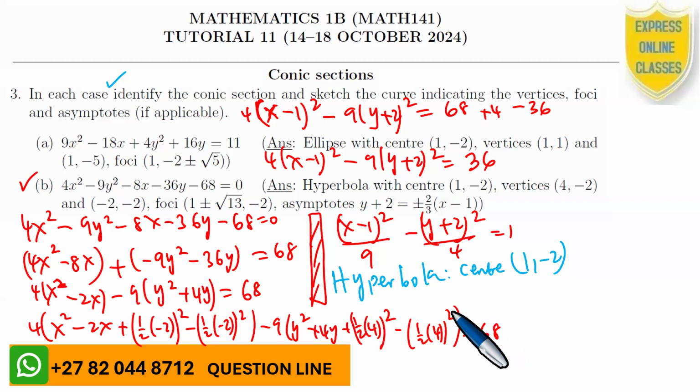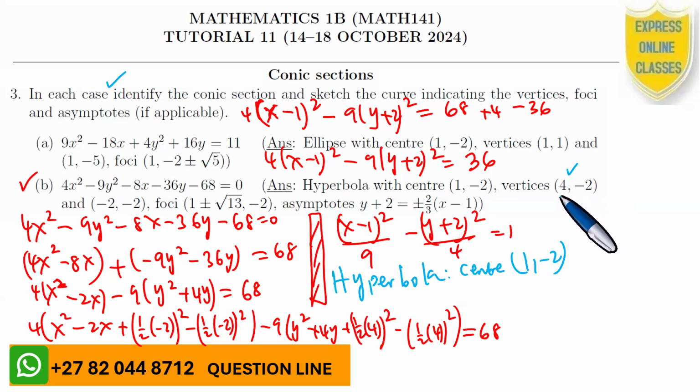It is our x. So if the positive one is the x, then the vertices are going to be on the x, so they are going to be parallel to the x-axis.